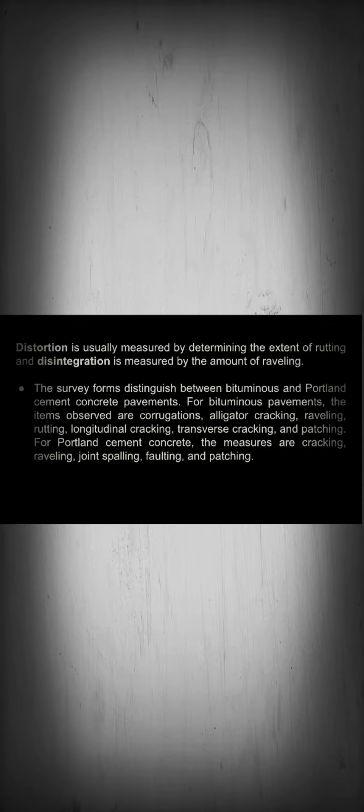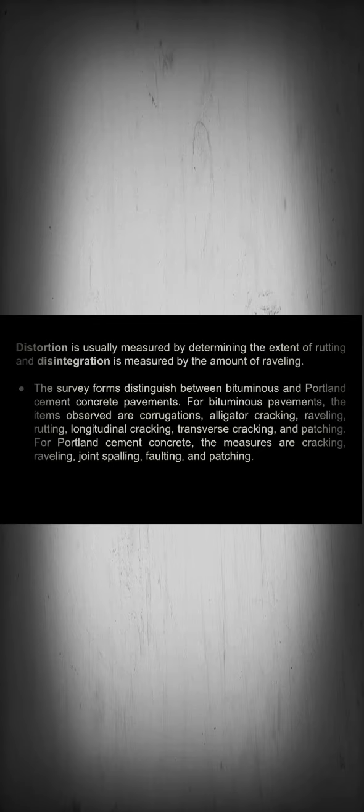Distortion is usually measured by determining the extent of rutting, and disintegration is measured by the amount of raveling. The survey forms distinguish between bituminous and Portland cement concrete pavement.